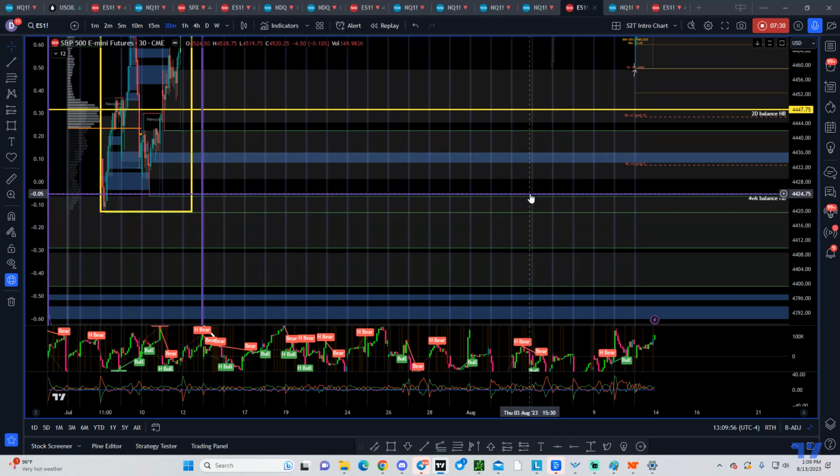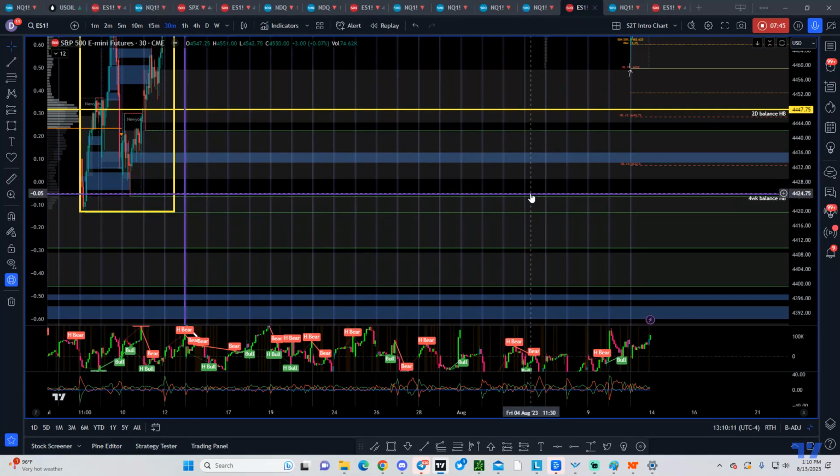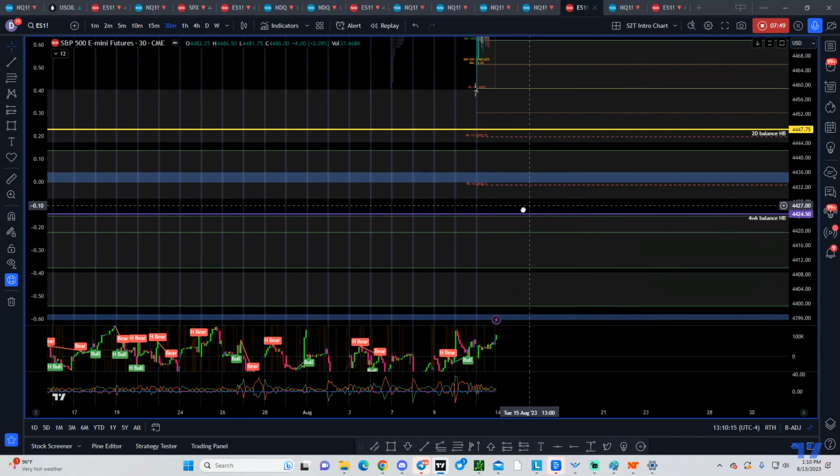So sometimes, depending on the hour of the day in which price gets to this area here, if it's towards the end of the day, it might try to get to the middle or the bottom of the zone. If it's early in the session, sometimes you get a support here in this area on the top portion, and it comes back up.